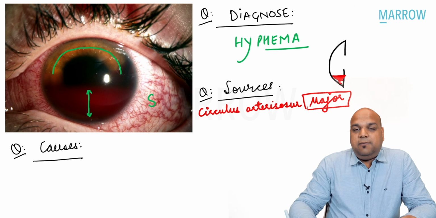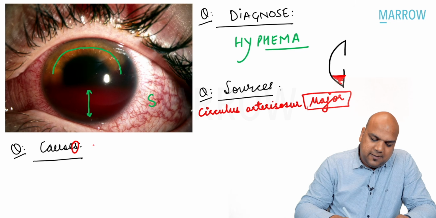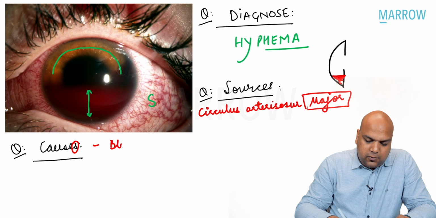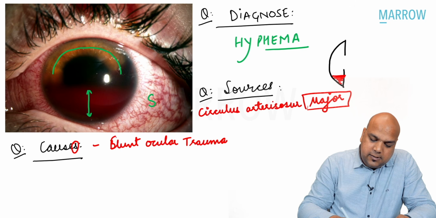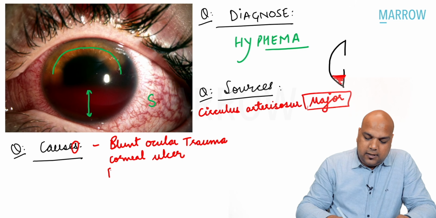What are the causes of hyphema? Obviously, causes we are asking. The most common cause is blunt ocular trauma. But can it occur in other cases? Yes, hyphema can occur in a lot of cases. Hyphema can also occur in cases of corneal ulcer. Very rare, but yes, it can occur. It can occur post-surgical.